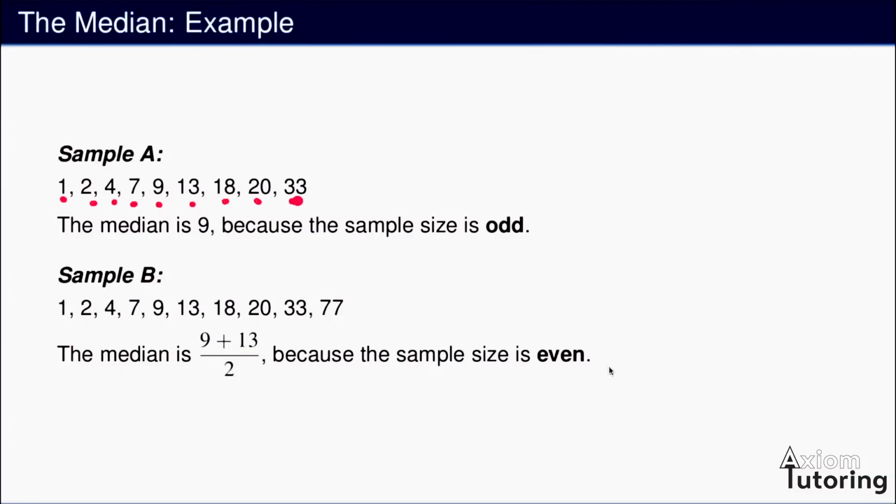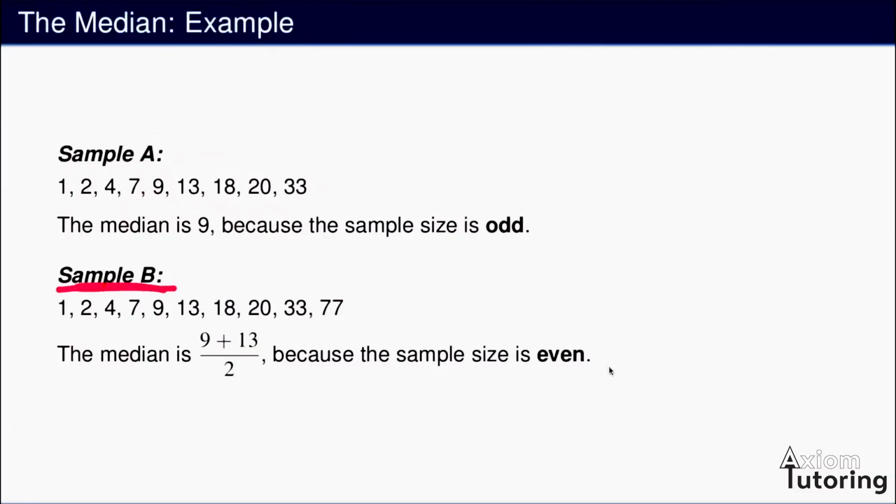So there are 9 observations, which is an odd number. If I put 4 observations on the left-hand side and 4 on the right-hand side, the middle observation is exactly 9. So the median is 9 because the sample size is odd.